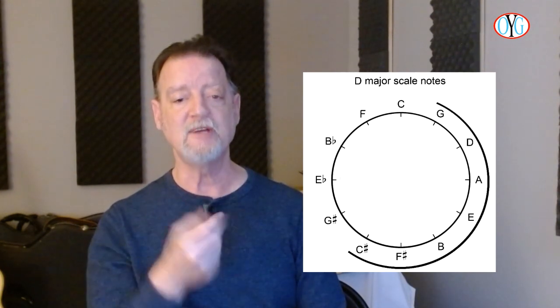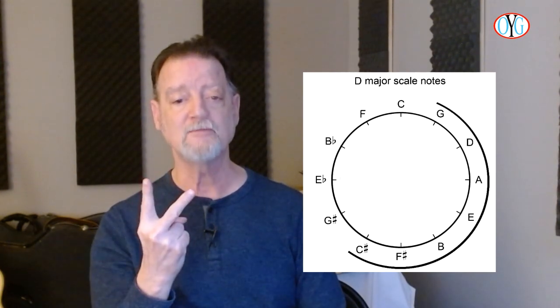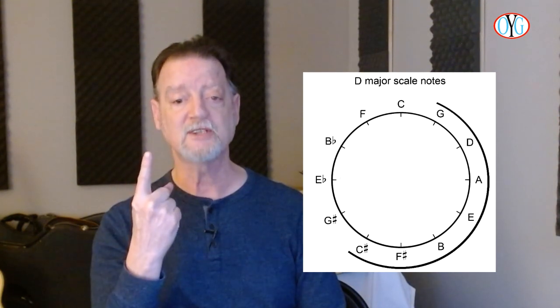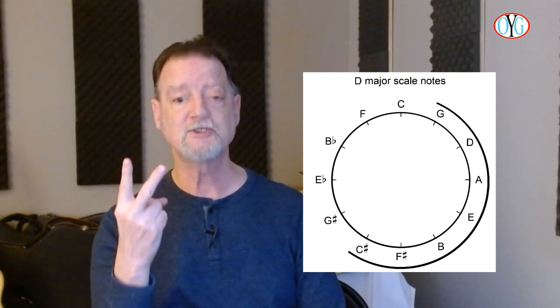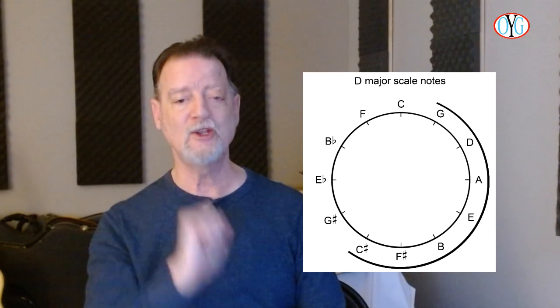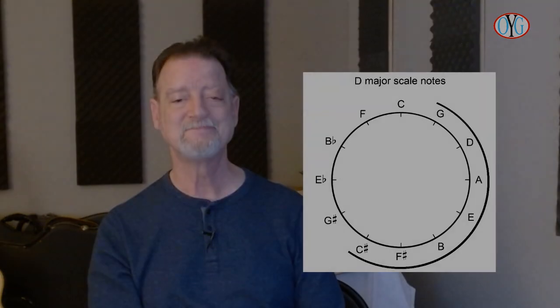Here, it's D major with 2 sharps, F sharp retained from the G major scale, and now adding C sharp. Study this. Make sure it's getting in there. All right?